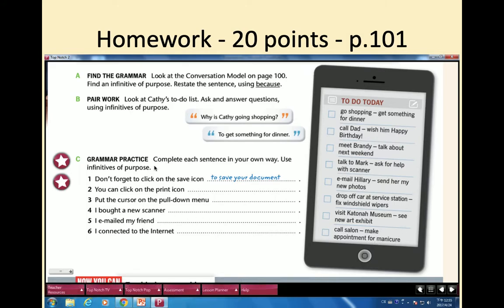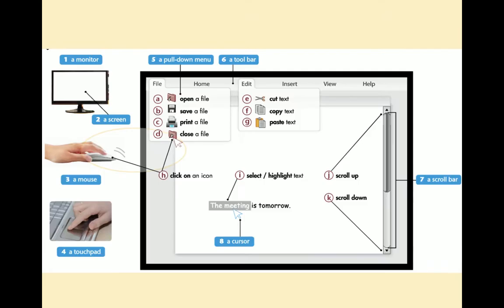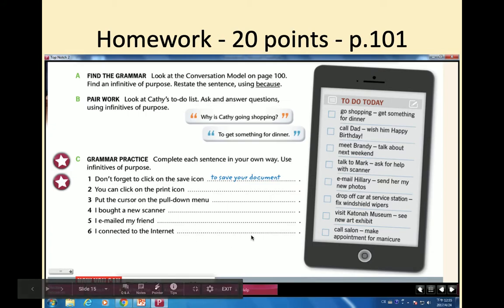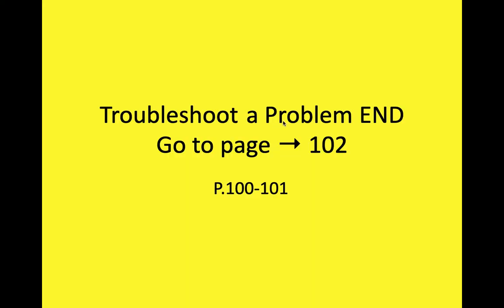My mistake. Complete each sentence in your own way. Use infinitives of purpose. Don't forget to click on the save icon to save your document. So we're going to use some of the vocabulary here. Sorry, my mistake. Please complete this homework for next time in class. Okay, that's the end here.